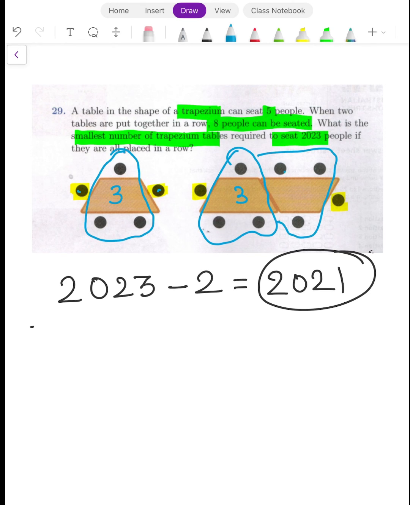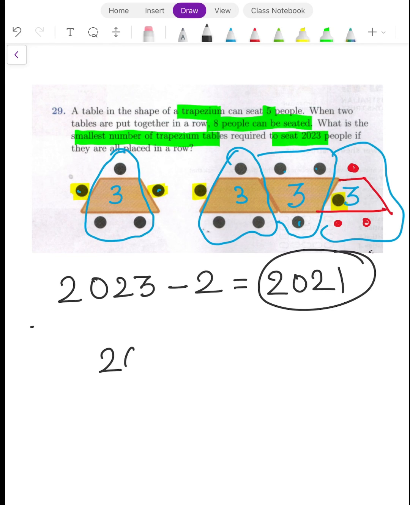The next table that you join, although the pattern is different, 2 here and then 1 here, in total there are 3 people again on this table. And if we keep joining, even if we had another table, there would be 1 more here and 2 more here, but in total there would be 3 people. So every table that is joined along, there will be 3 people added on.